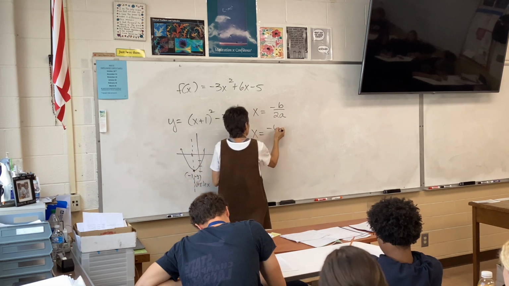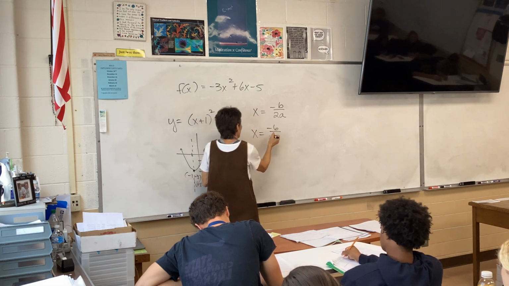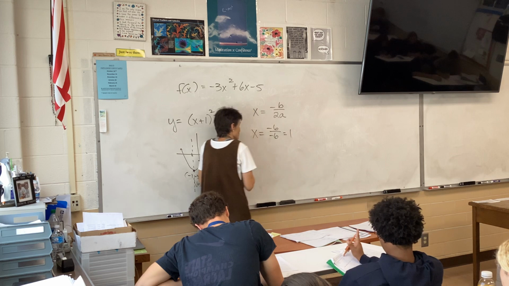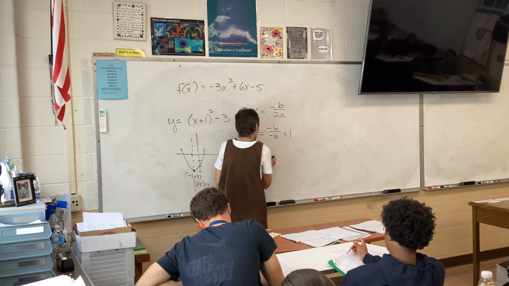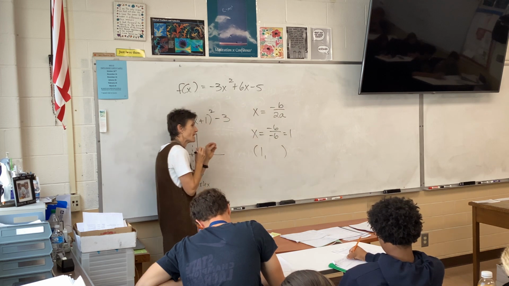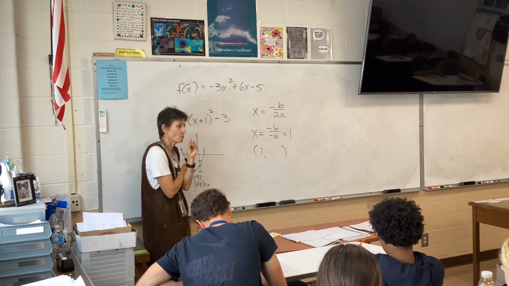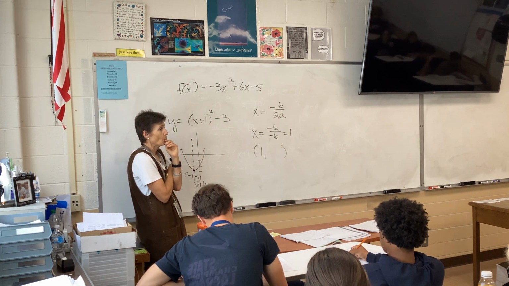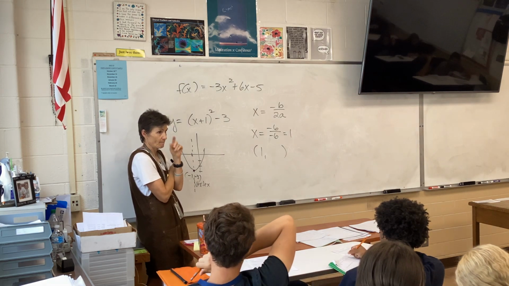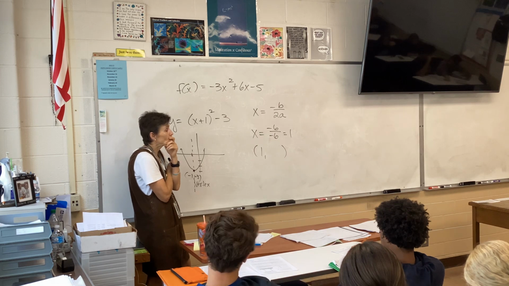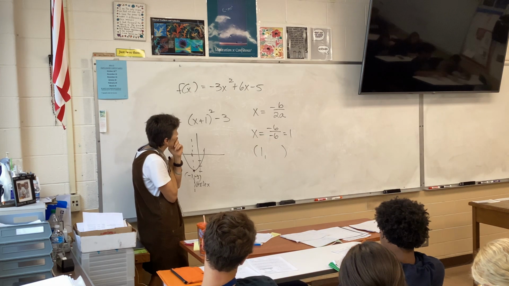Negative b over 2a, you get 1. So where's my vertex then? I know the x-coordinate has to be 1. Where will the y-coordinate be? Marin? Would it be negative 5?